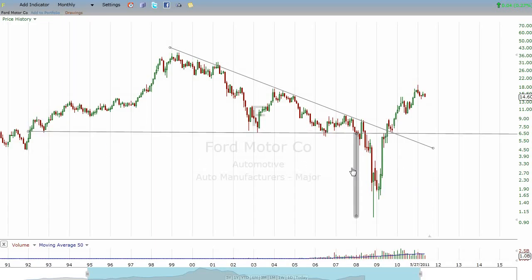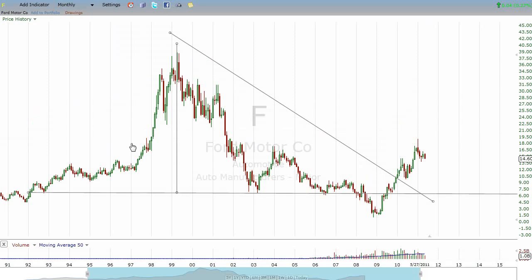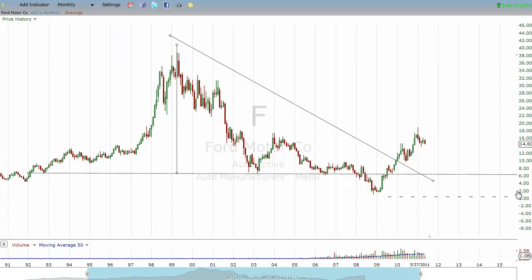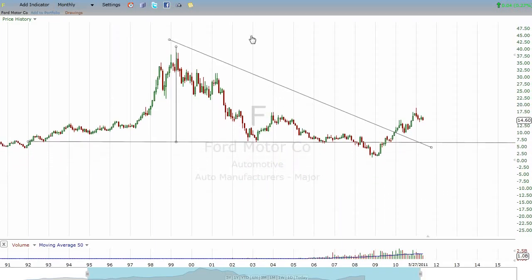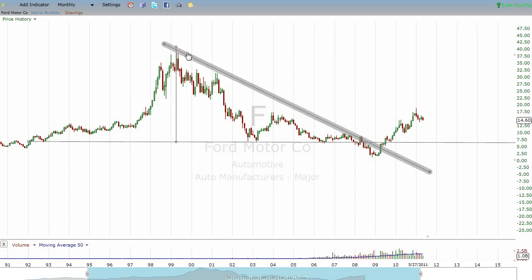And we say, let's measure what is the implied move from this. And you say, my goodness, it's negative $26. That makes absolutely no sense, does it? So you can see how that arithmetic chart really screws things up. There would be absolutely no way you could trust that.